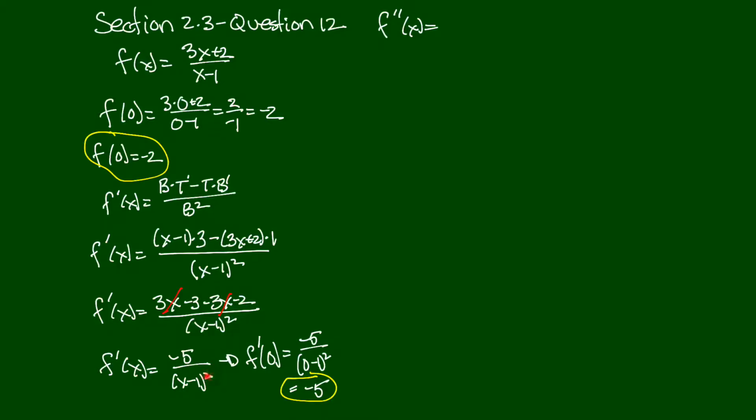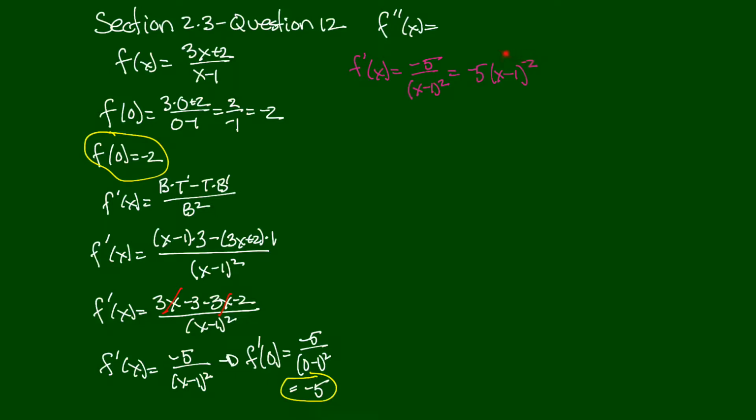You could use the quotient rule if you want, but I'm going to rewrite it. f prime of x is negative 5 over x minus 1 squared, but I'm going to write that as negative 5 times x minus 1 to the negative 2. This way I can just use the power rule instead of the quotient rule. Here we go.